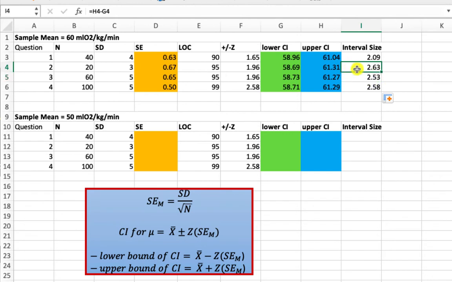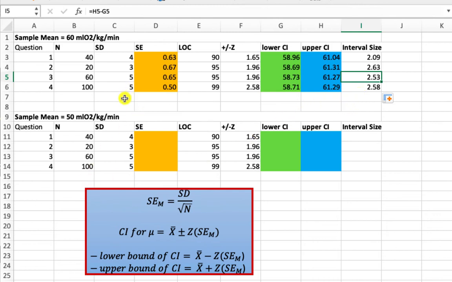So when we have a smaller sample size, our interval is wider than if we had a larger sample size. So in this case, if our confidence interval becomes more narrow, we are able to be more precise about where our actual population mean would be located.